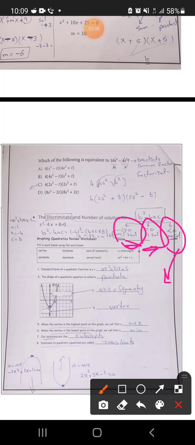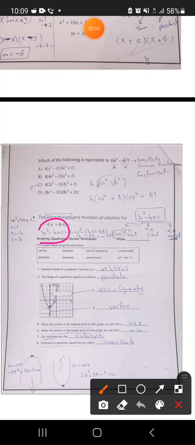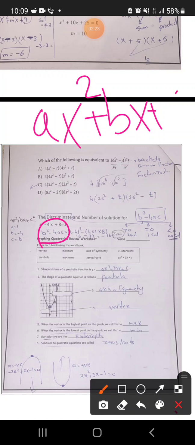Okay, let's solve. If you wanted to know the discriminant or number of solutions, you should make b squared minus 4ac, so you should get a, b and c. Do you remember ax squared plus bx plus c? A is the coefficient of x squared, which is 1, b is the coefficient of x, which is negative 4, respecting the negative sign, c is 8.